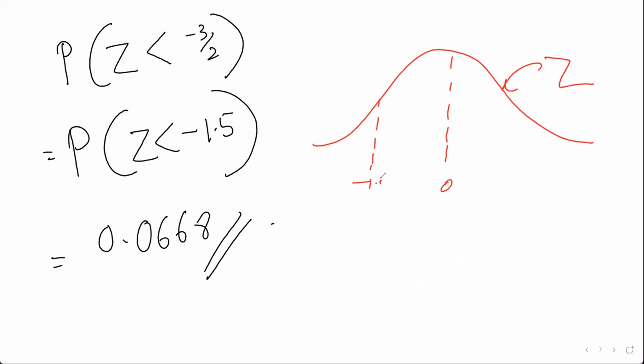This is negative 1.5, right, and less than that, less කියලා කියන්නේ මේ පැත්ත, so we ask this probability.